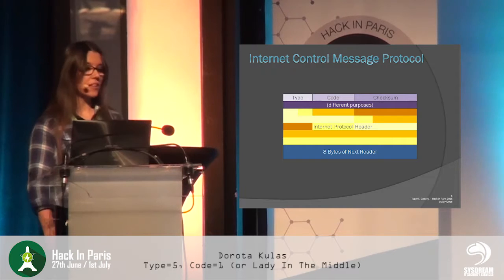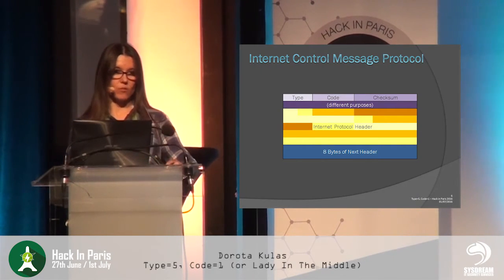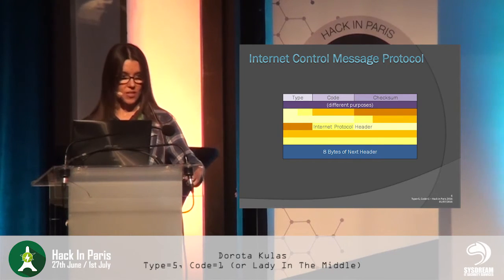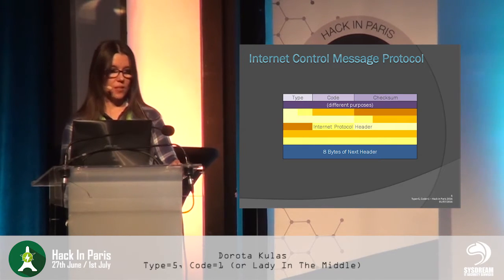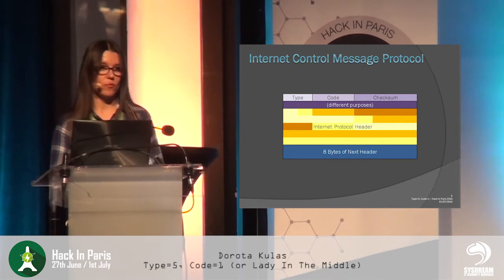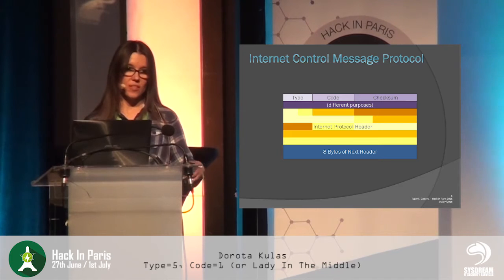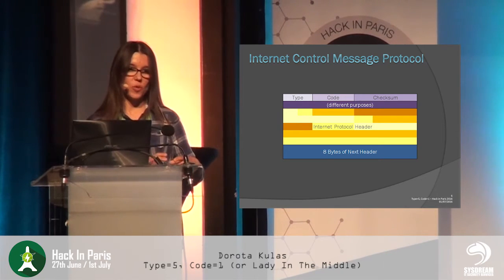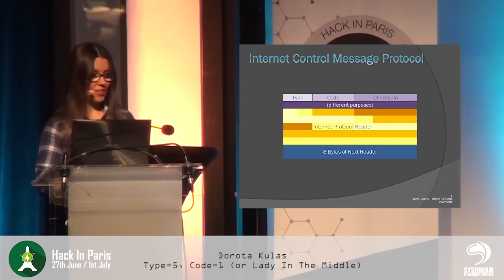On this slide, you only see the ICMP portion, so you don't see the original IP header used for transport. In purple, you see the ICMP header, which always has a type, code, and checksum, and some fields for different purposes, depending on the ICMP message type. Then the yellow and the blue is the part of the IP packet that caused the error. And that will be important.